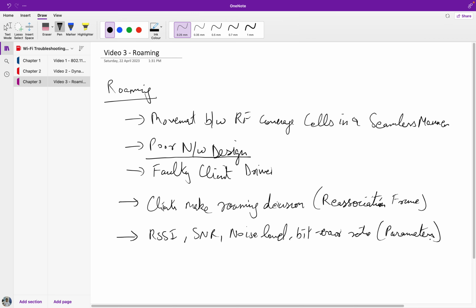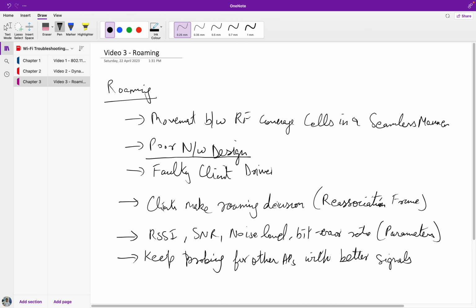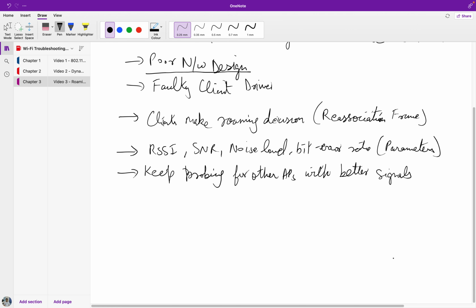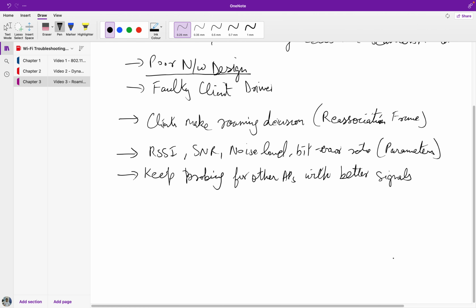So when the clients are already connected to an access point, they keep probing for other access points with better signals. They keep making a list of access points around them with better signals, so that if needed they can go and connect to that access point, right?